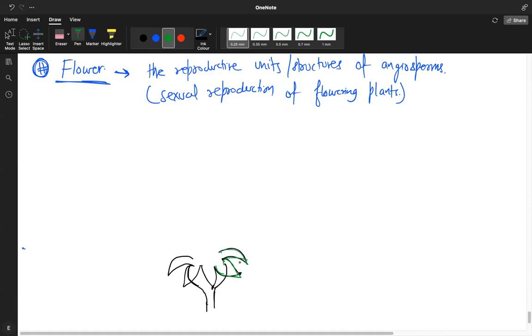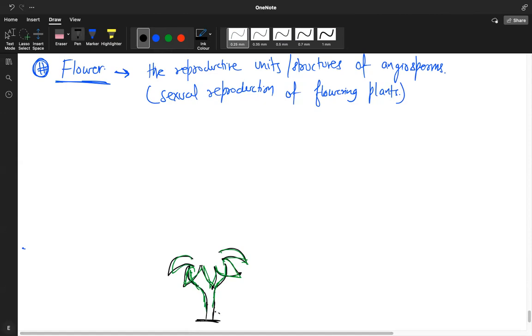Can you tell me what these structures are? And what is this swollen part at the base? So this thing goes long and gets attached to something, right?